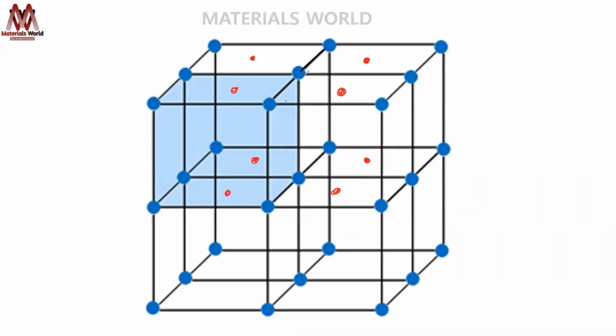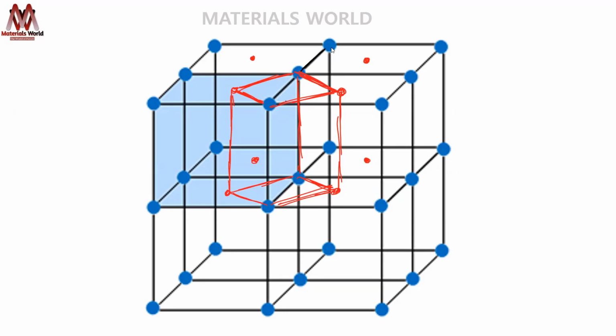I can visualize it. This you can take as this, you can take as this. You can join all the points. It's very basic. See, you can join all the points. You will definitely get simple tetragonal.